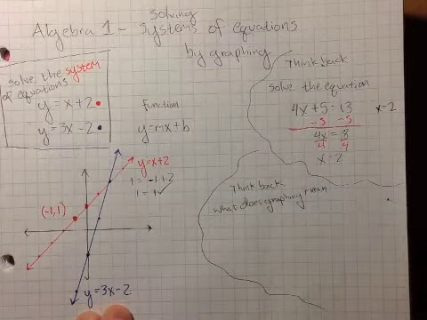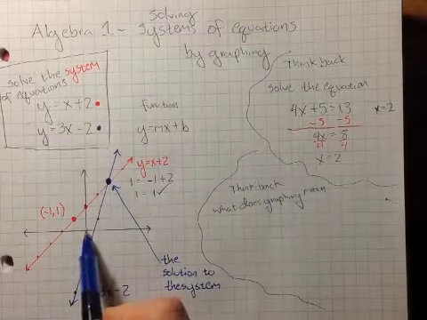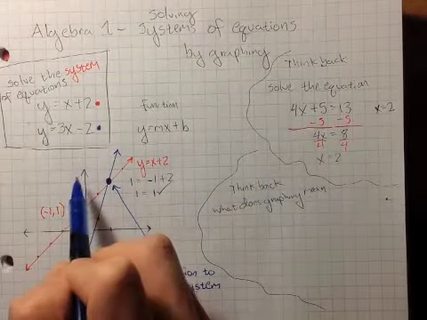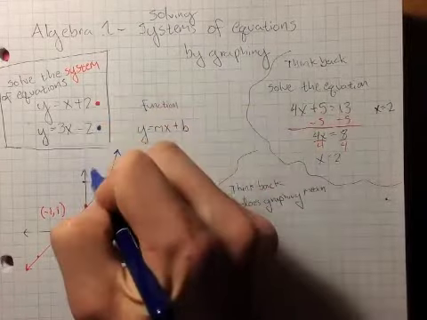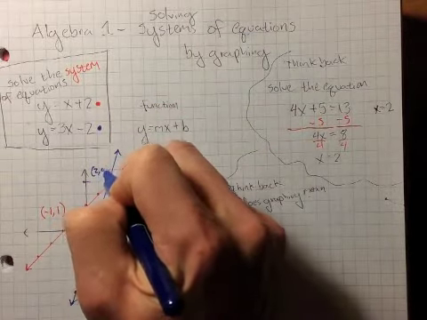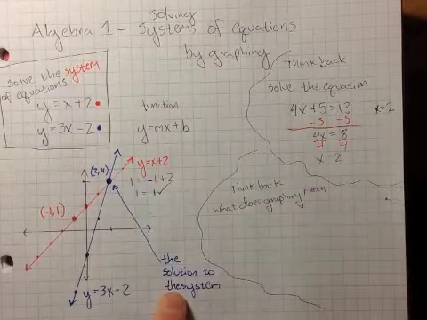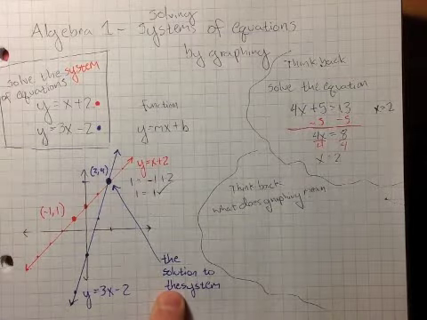The intersection point of the two lines represents the solution to the system. Now we can read off what the ordered pair of that point is. Over to the right 2, and then up 4. So 2, comma 4 is the solution to this system of equations.